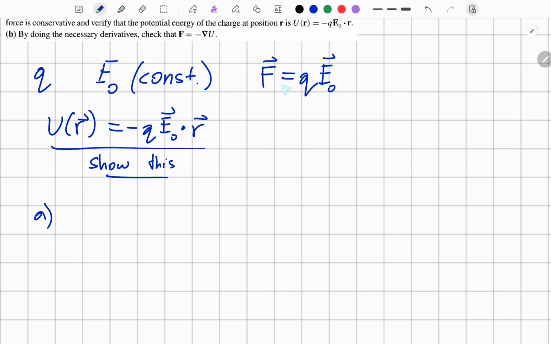So we know our force. Using our force, we can find the work.